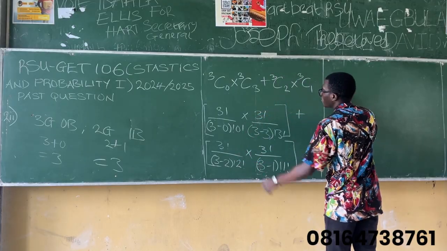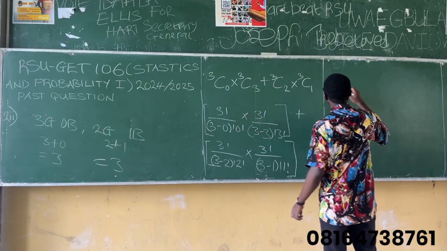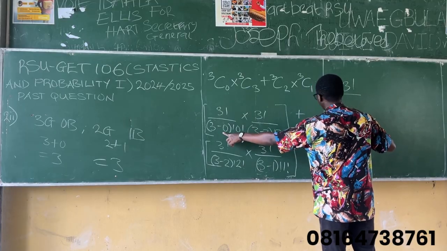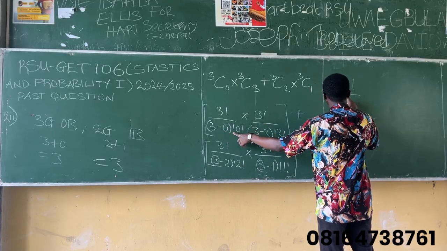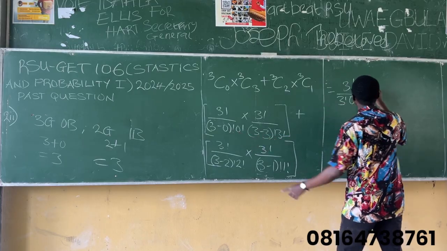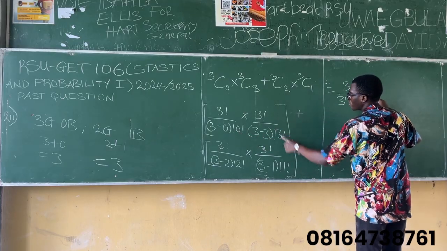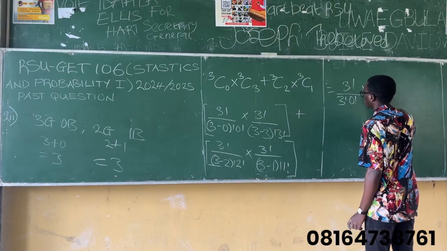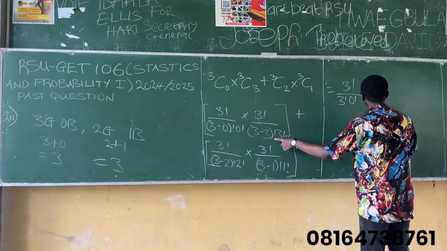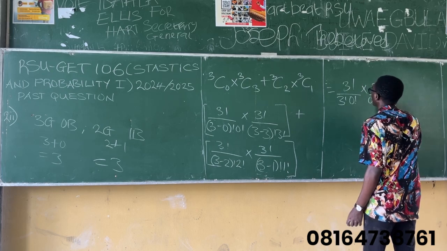So this is going to give us 3 factorial, like I said earlier, divided by 3 minus 0, which is 3 factorial. So this is 3 factorial, 0 factorial, multiplied by 3 factorial divided by 3 minus 3, which is 0. So we have 0 factorial, 3 factorial.